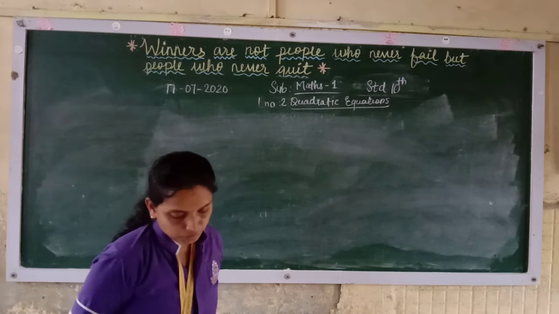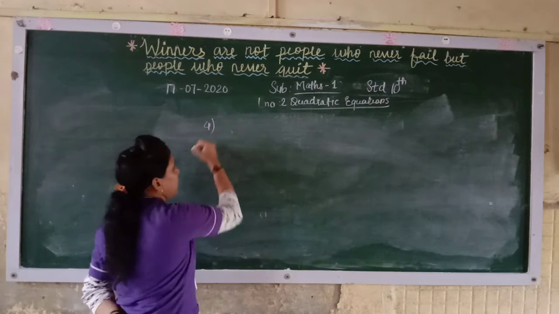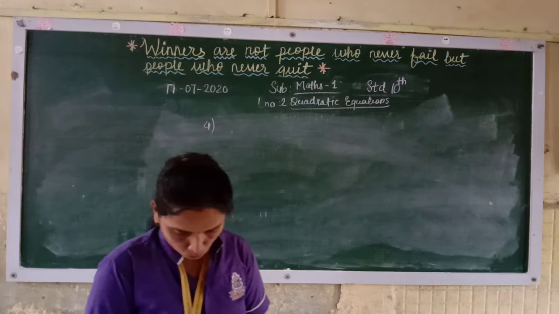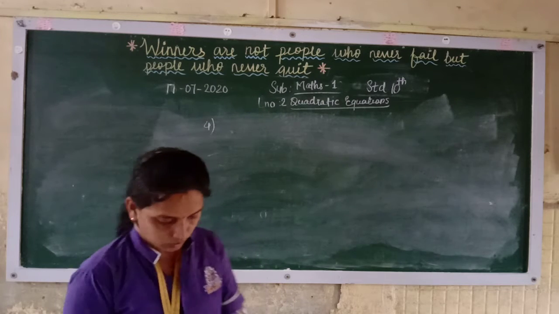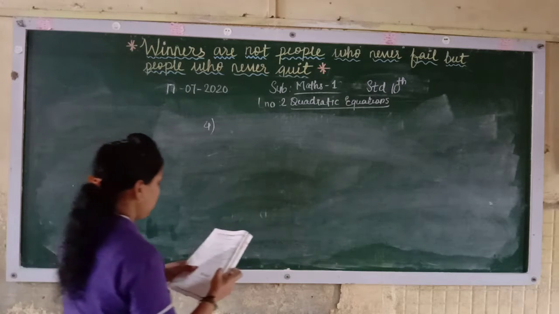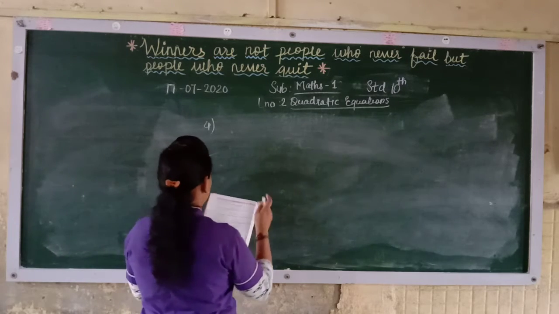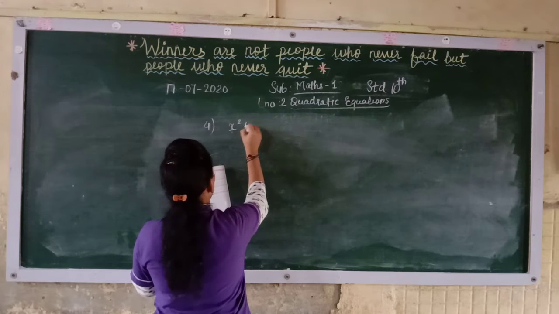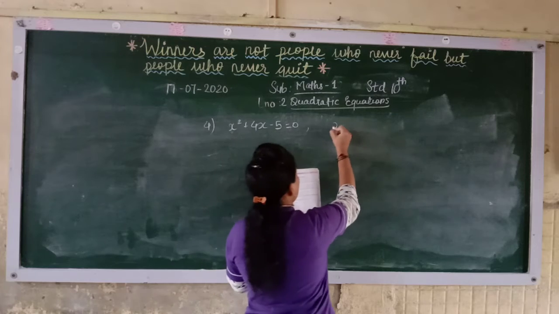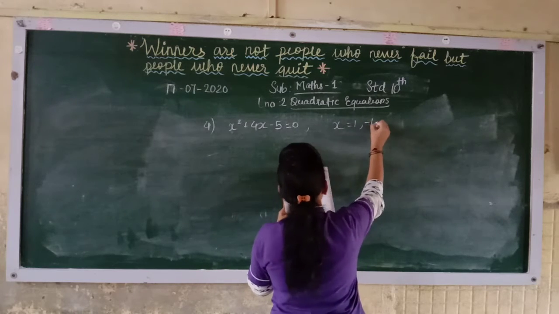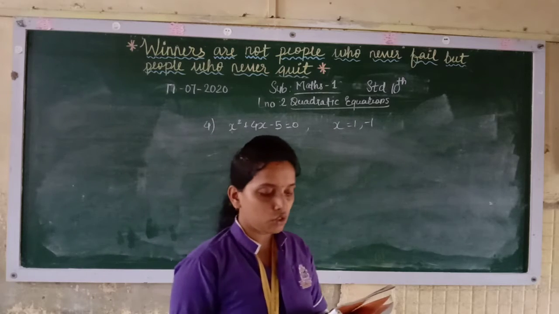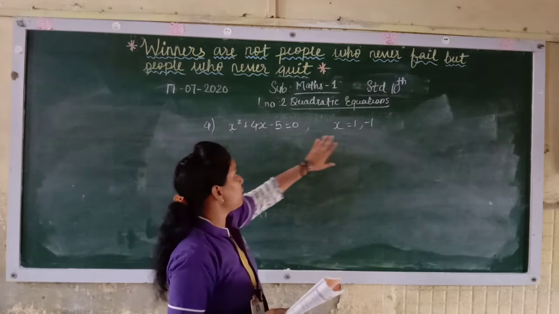See, for that, the fourth one, the equation given there is, first one is x square plus 4x minus 5 equal to 0. So x is equal to 1, minus 1. So we have to tell whether the values given against each of the quadratic equations are roots of the equation or not.